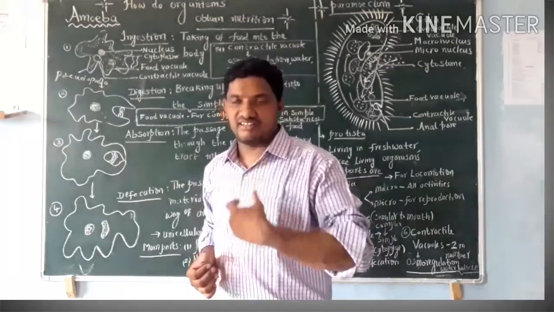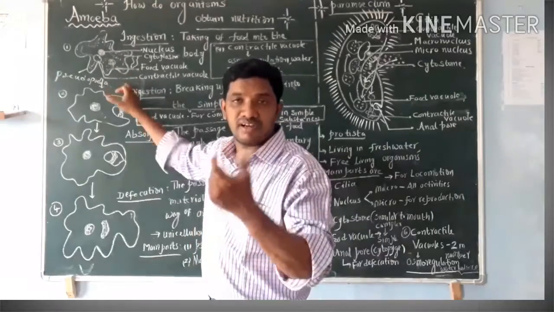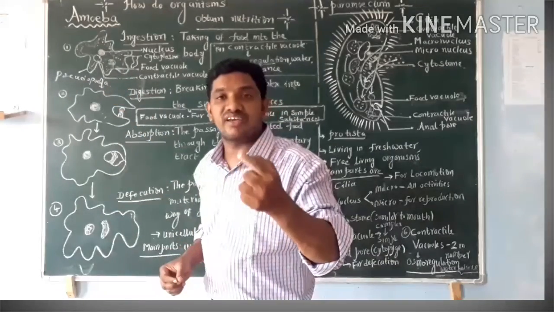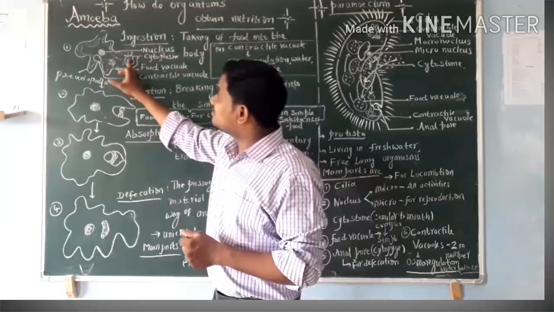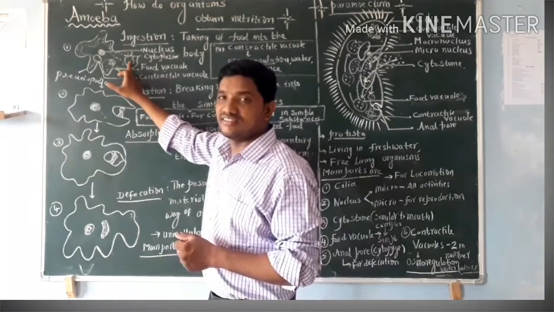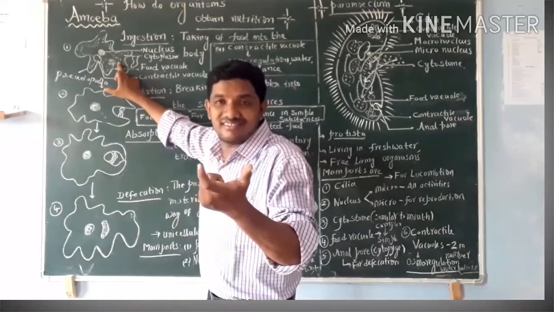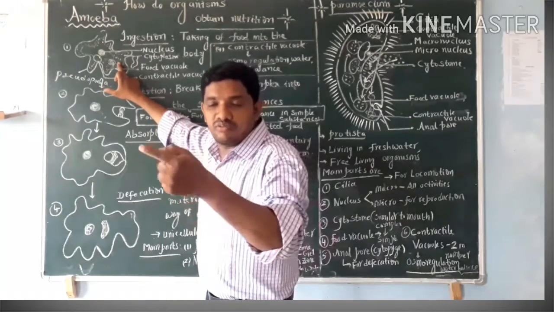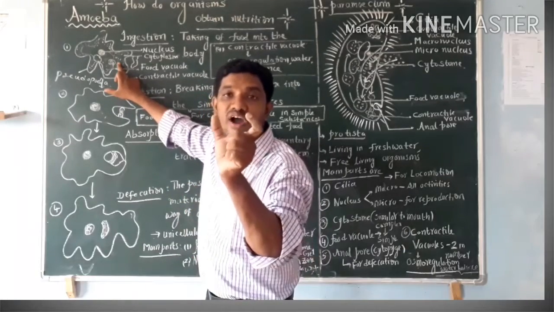Food is taken through the body surface of the amoeba, with the help of the finger-like projections called pseudopodia. When food enters the amoeba, the pseudopodia fuse over the food particle, which forms a food vacuole.